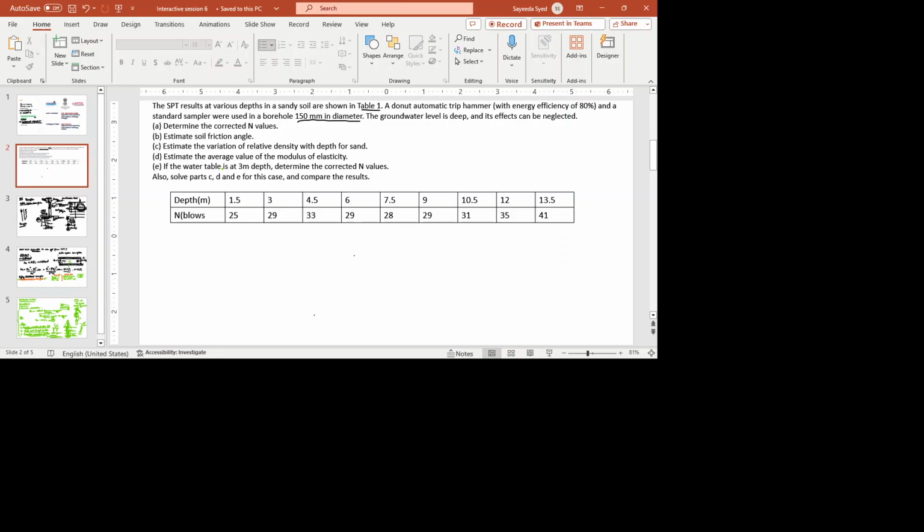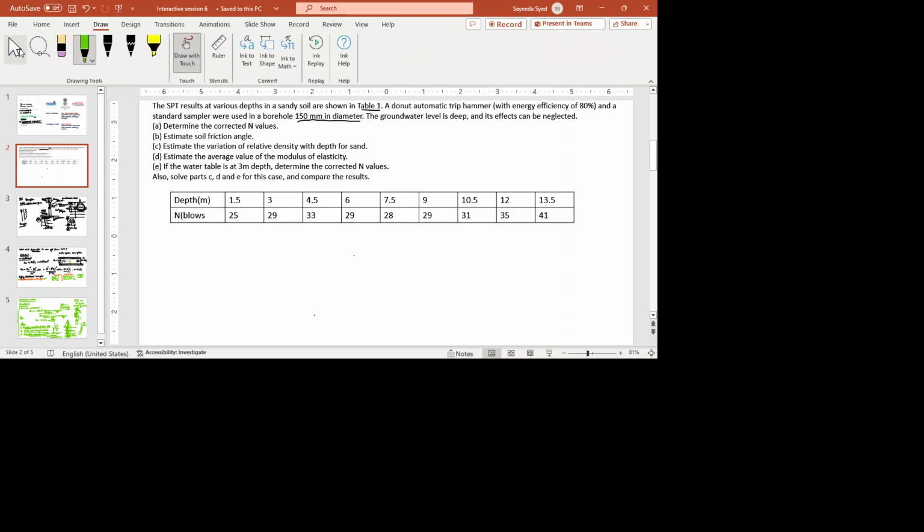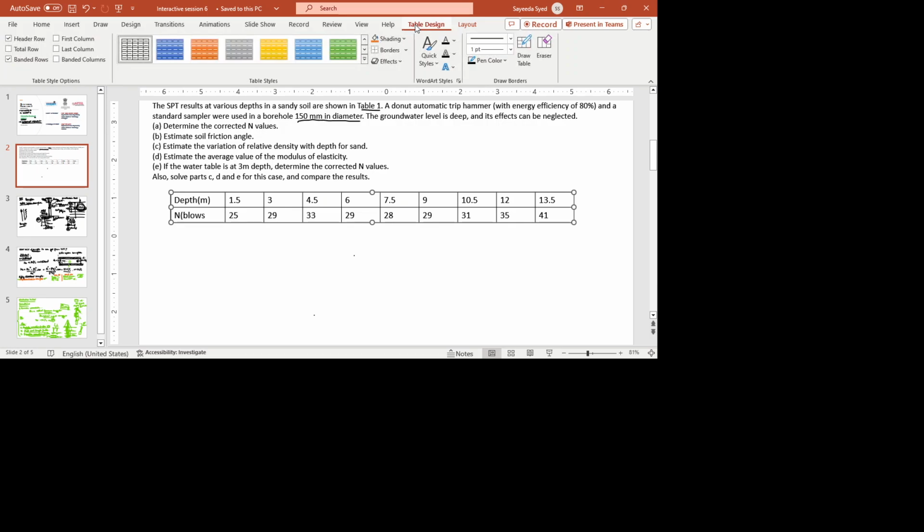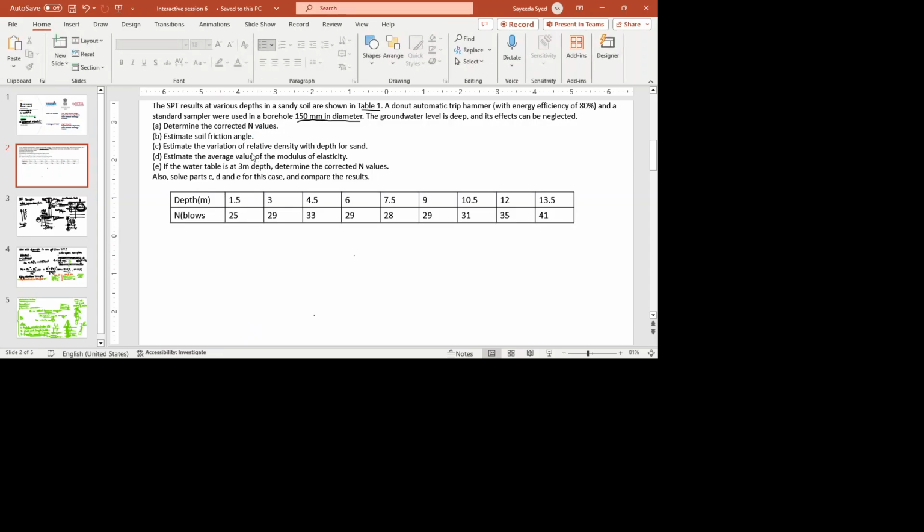Let's draw a table for the depth and the n values, or let's convert this table into a column. Let's convert this.